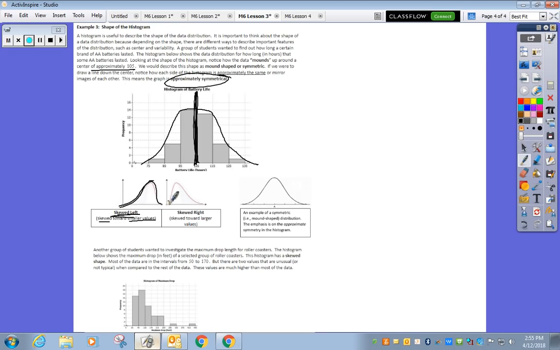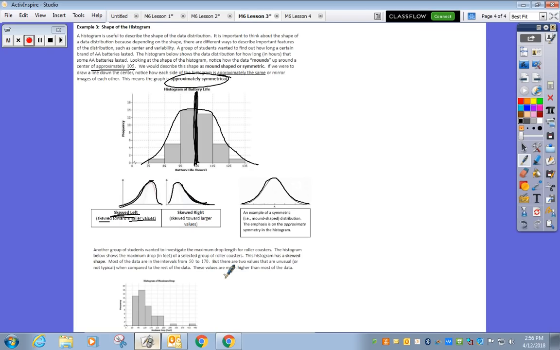If it's skewed right, again, if you draw your little mound around your data and it's skewed towards the larger values, so those numbers kind of hit down here, that's called skewed right. Okay, and then this one is just another mound-shaped or symmetrical shape. So again, you trace along the outsides and see how it's shaped. If it's skewed left, the smaller values are to the left. If it's skewed right, the larger values are coming down here.